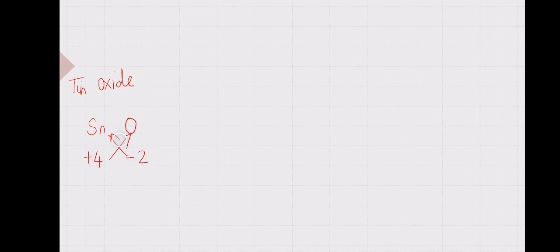When we crisscross, we get Sn2O4. Now since both these numbers can be reduced, we simplify and get SnO2. So this is the formula for tin oxide. With this, we will stop.